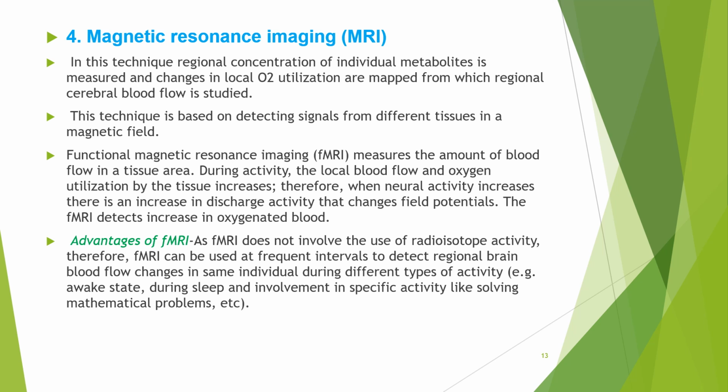So we are discussing the measurement of cerebral blood flow by four methods. They are the KT method, SPECT method, PET method, and MRI method. KT method is based on Fick principle. In this, nitrous oxide is used. Second one is the SPECT method.